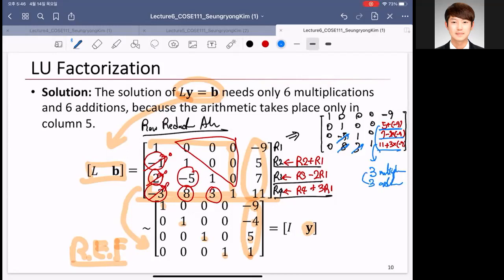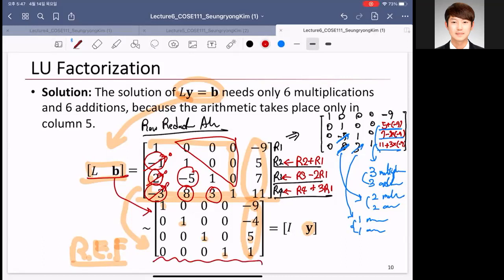To eliminate this one, we require 1 multiplication and 1 addition. Then to row reduce the original augmented matrix to REF form, we require 6 multiplications and 6 additions. It's very easy.